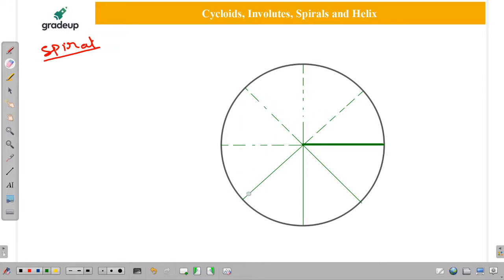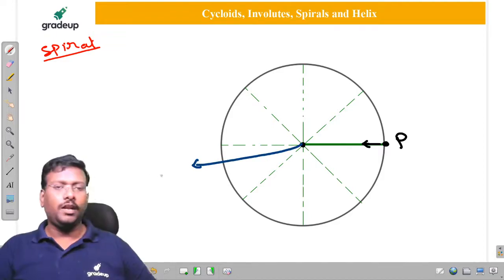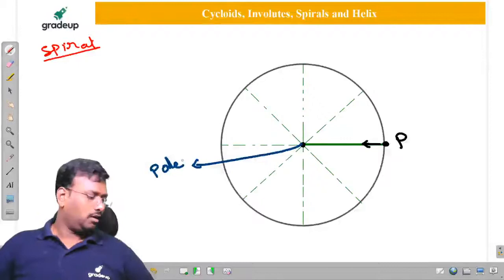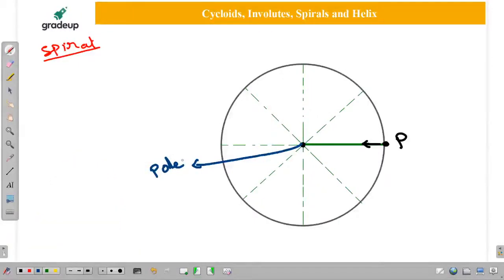Dotted means it is not the line, it is the various positions of this particular line. Now let us consider the point P. This point P is moving in this direction on this line, but the line is rotating about this point. The point about which it rolls is called the pole.